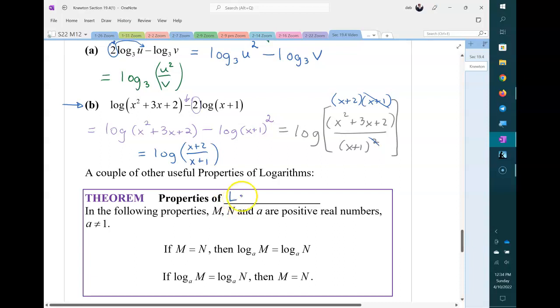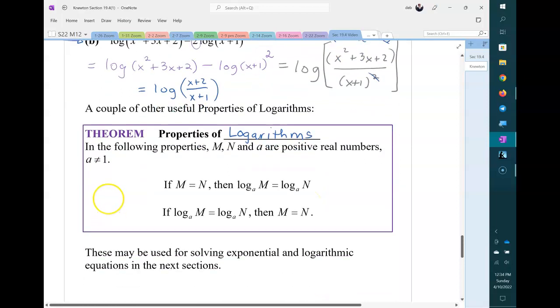Okay, and then this next one is not super useful, but occasionally it is. This is one of those theorems that in my mind I kind of go, well, duh, it just seems so obvious. But in math, things need to be stated or they aren't established. So if capital M equals capital N, then if you take the log base A of both sides of that equation, it's still true.